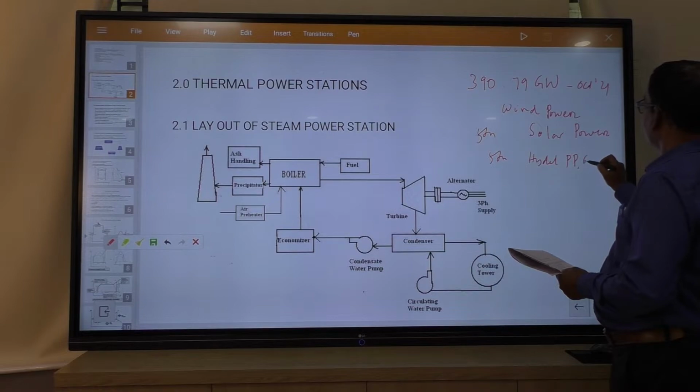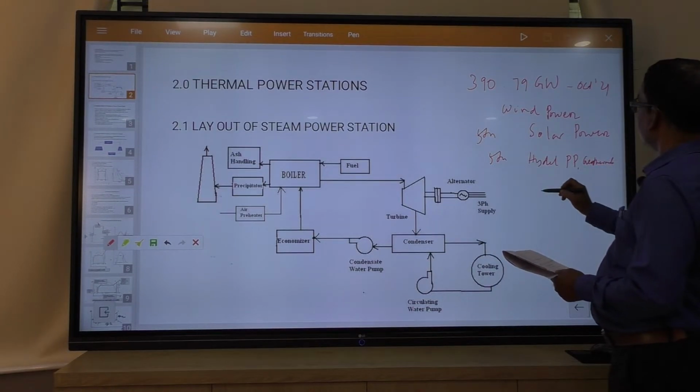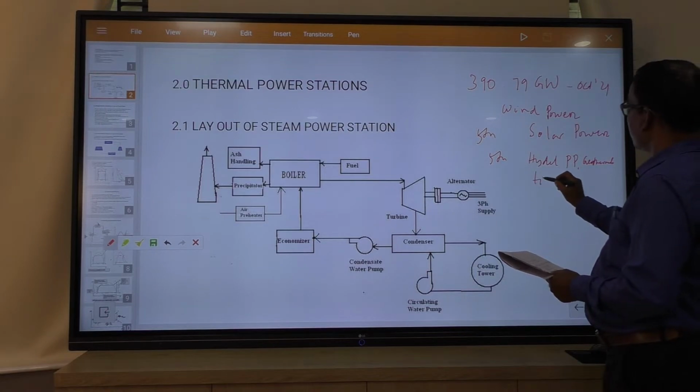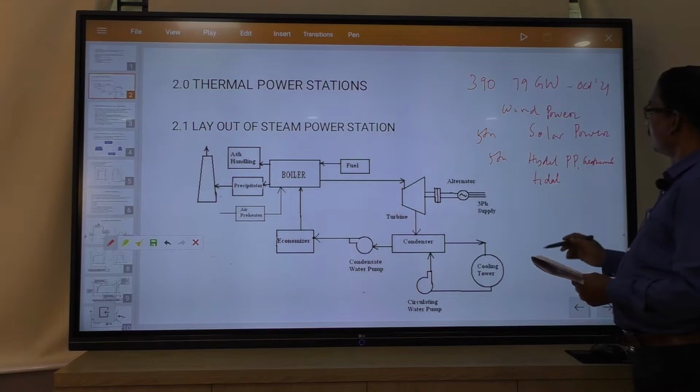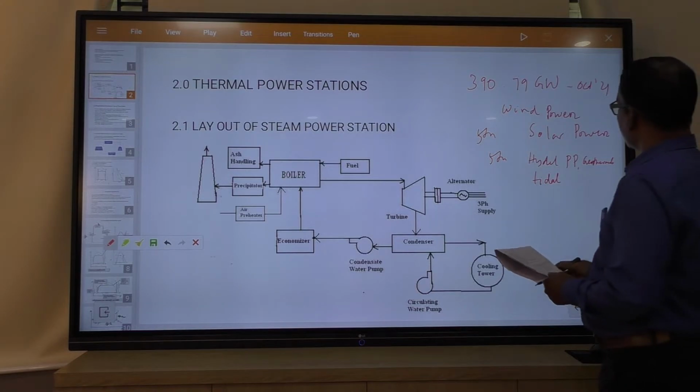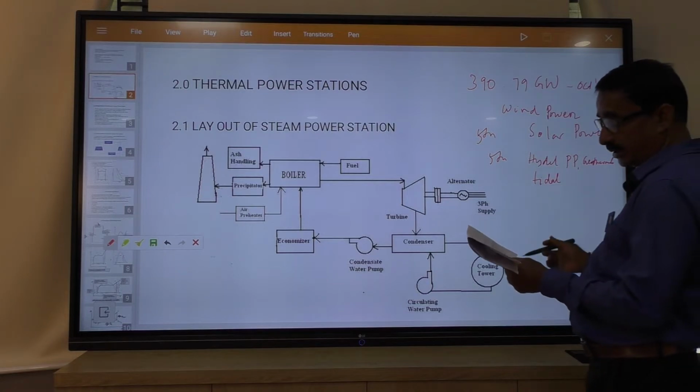Tidal is also a renewable source of energy: in the ocean the tides are produced, and from the tides you can get electricity. In this area we are fifth.